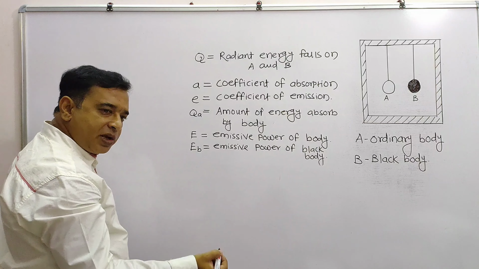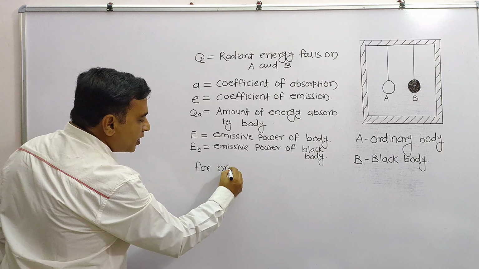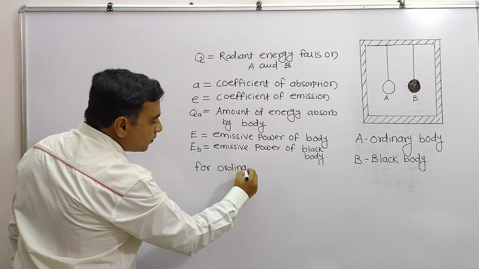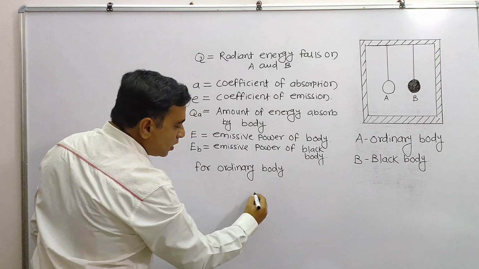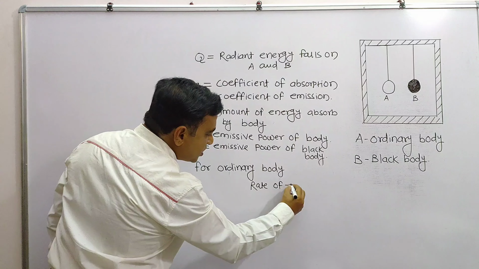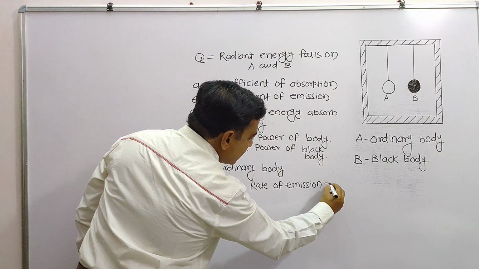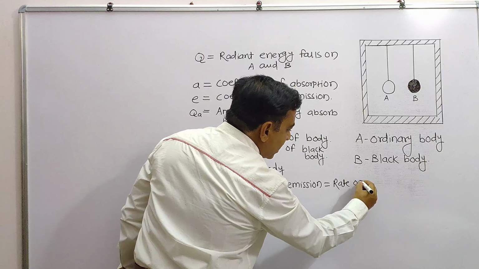Now for the ordinary body, the rate of emission is equal to the rate of absorption.